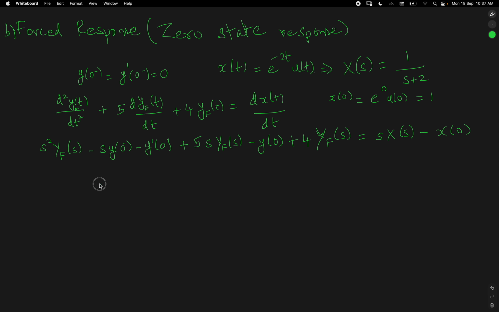Then the equation becomes s square y f of s plus 5s y f of s plus 4 into y f of s equal to s by s plus 2 minus 1. Here these terms are 0 because the initial state conditions are 0.